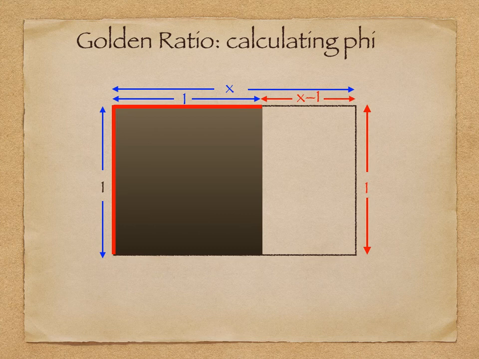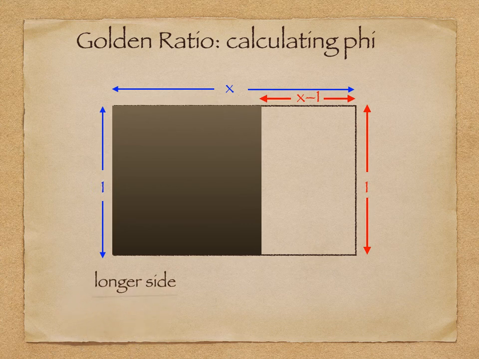Now here is the key to this. If the two rectangles are in the same proportions, the ratio of the longer side to the shorter side must be the same for both rectangles. Here's this ratio for the larger rectangle, x divided by 1, and here's the ratio for the smaller rectangle, 1 divided by x minus 1.